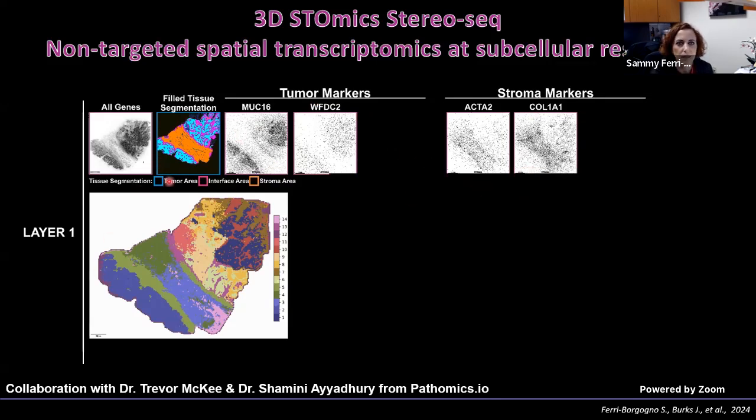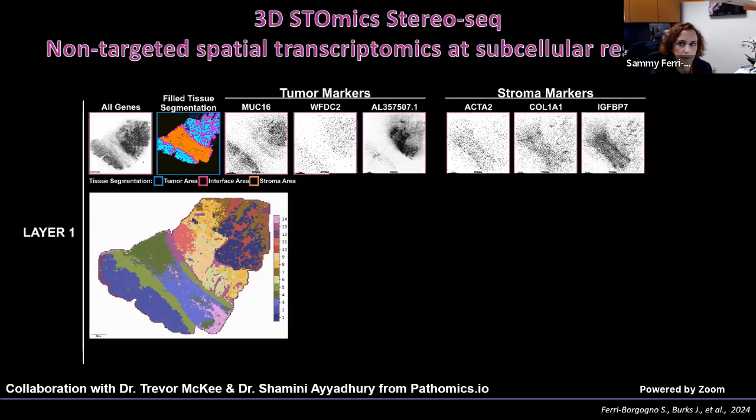So from the latent cluster analysis, we were looking for novel markers that were not previously described and that could give us a better idea of the different subtypes and the heterogeneity in this ovarian tissue. So as you can see, over here, we actually identified 2 new markers, one for the tumor and one for the stroma, that are able to segment tissue in a way better way.